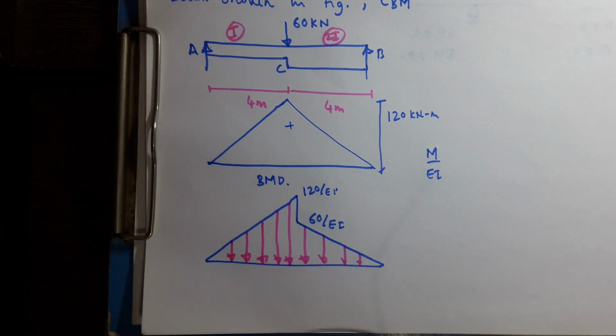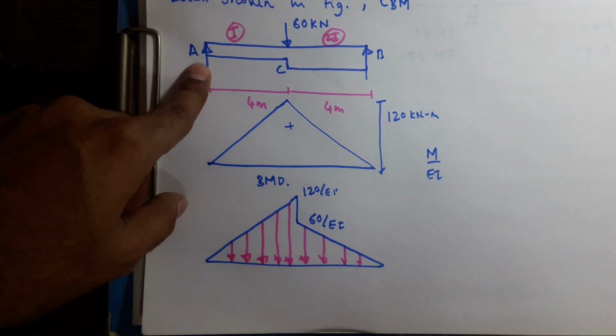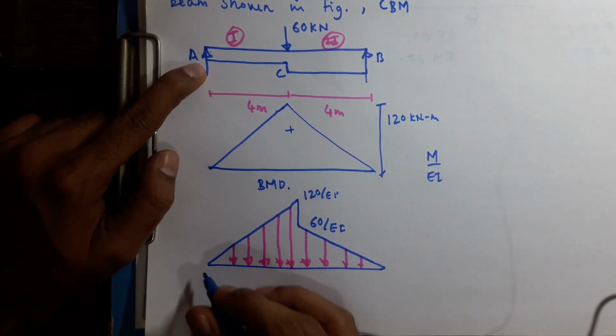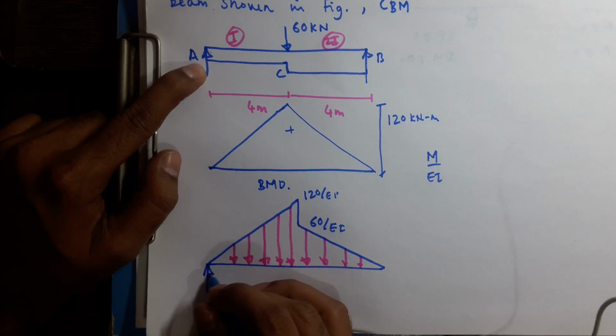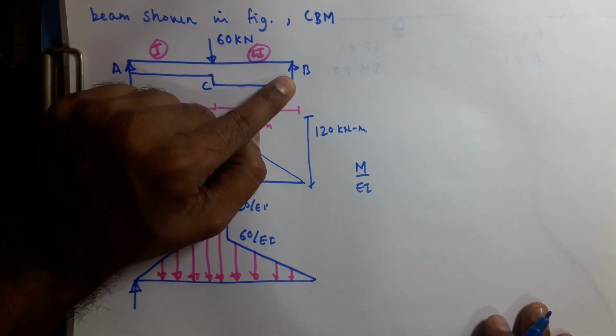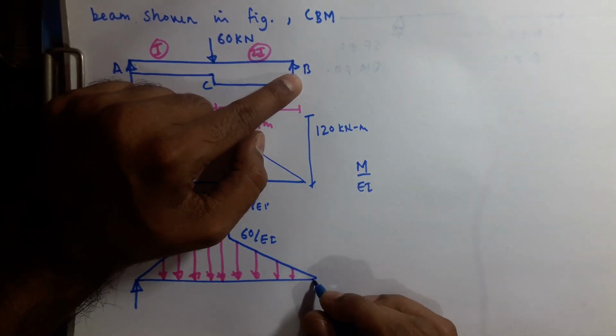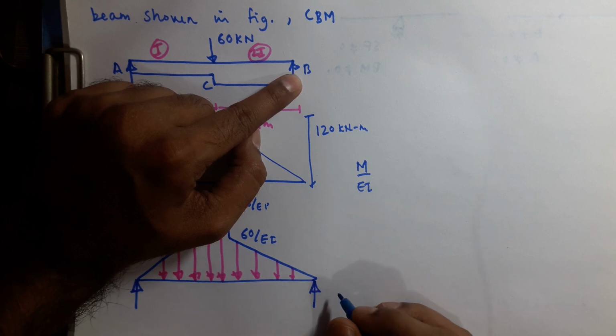We know the various boundary conditions we have. Simply supported in the real beam will be equal to simply supported in the conjugate beam. Here also at B we have a simply supported end, so in the conjugate beam it will be the same.